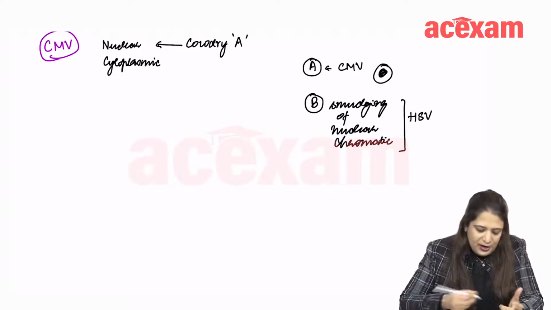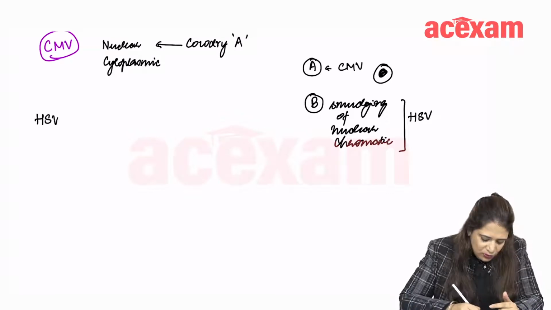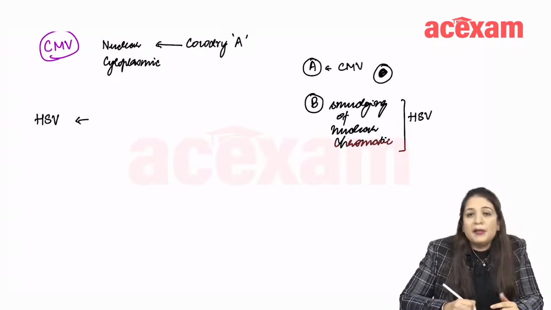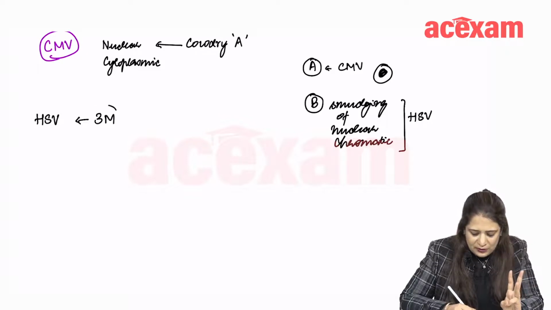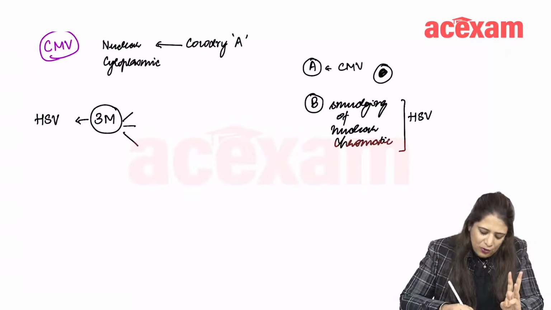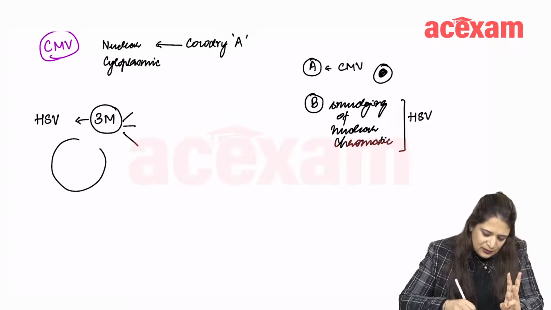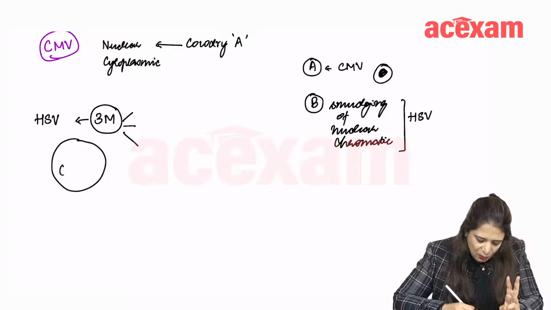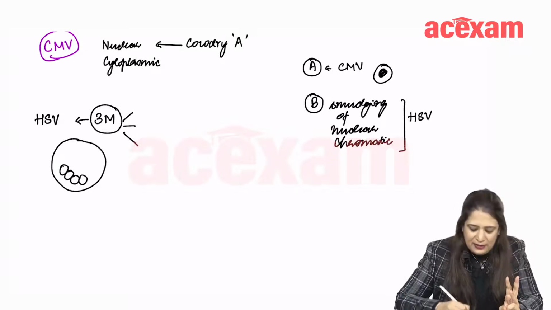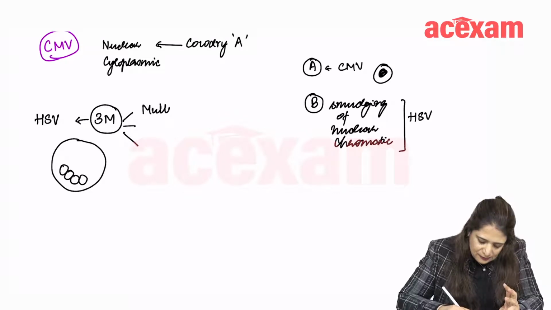So what happens in HSV you should also know. HSV is typically associated with 3 M's. What is HSV associated with? 3 M's. And what are those 3 M's? I'll show this diagram to you to make it easier to understand. One is multinucleation.